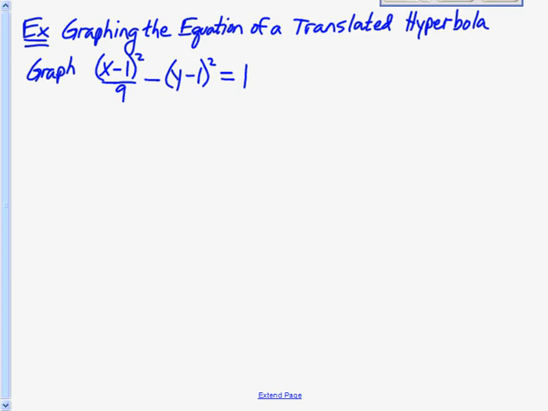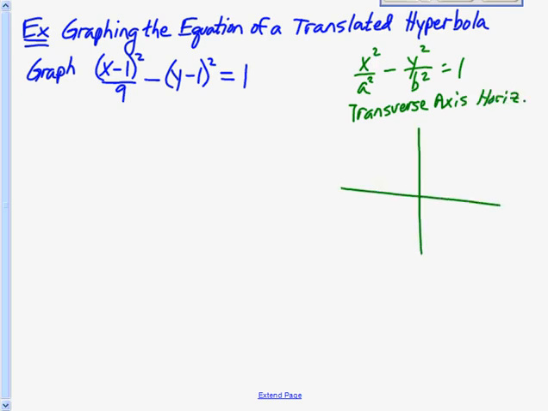Now, typically, when we initially learned hyperbolas, we had x squared over a squared minus y squared over b squared, because if we had the x squared first, then our transverse axis was horizontal. So it looked something like this, right? And our center was just at the origin.